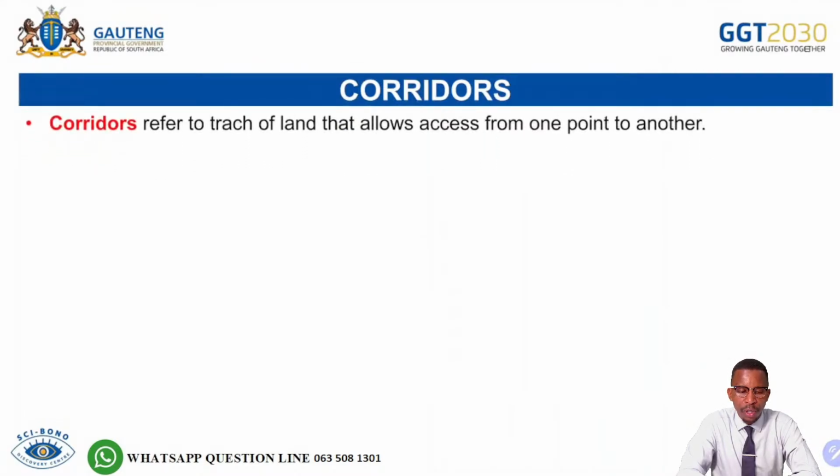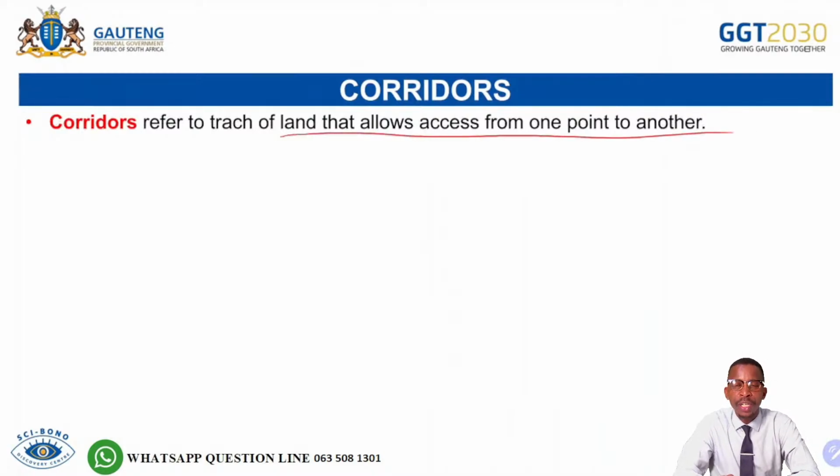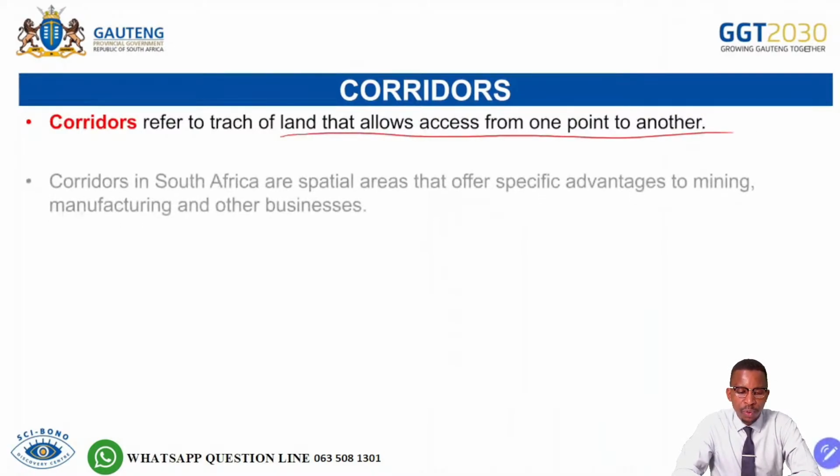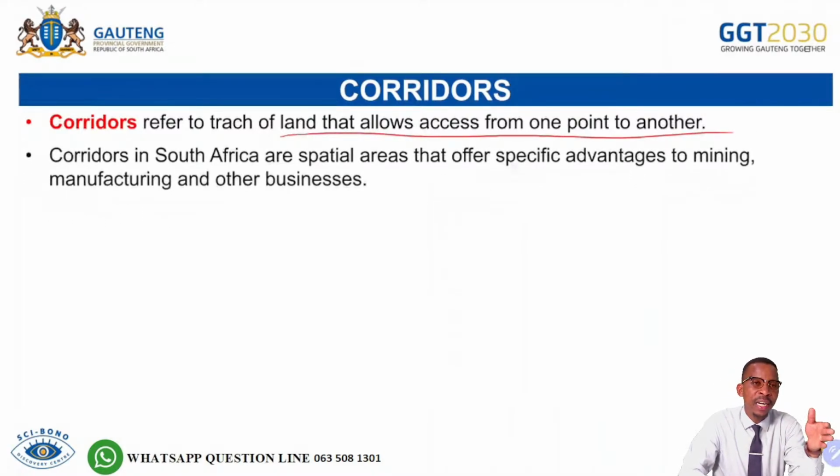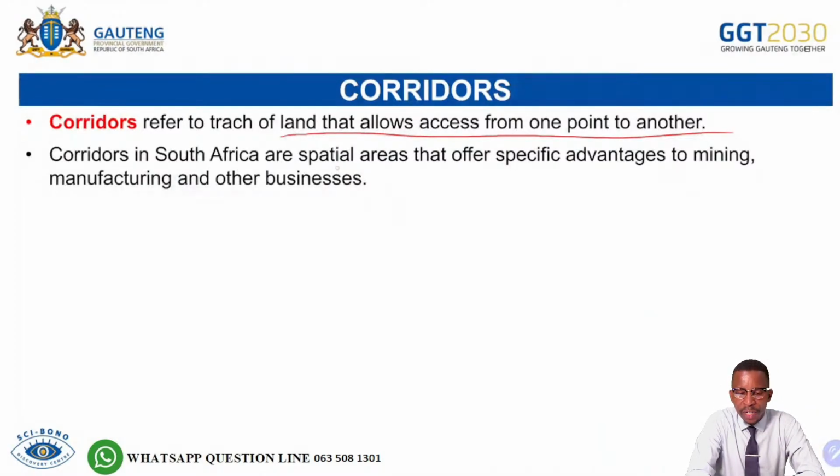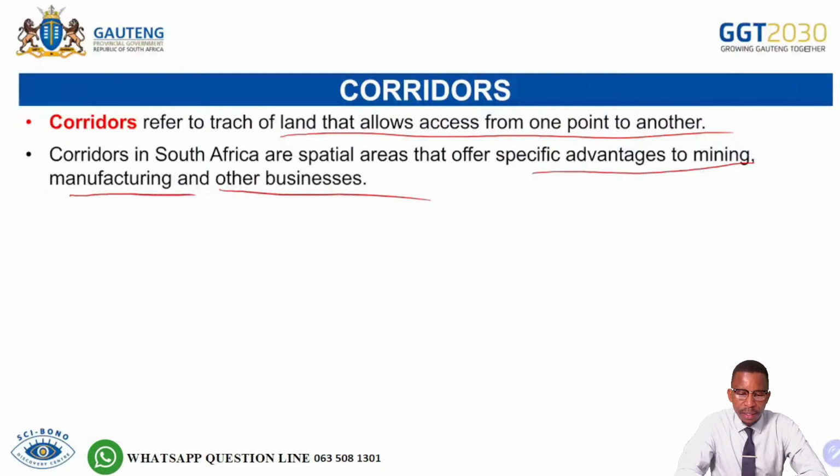Then we talk about the corridors. The corridors refer to a tract of land that forms the passageway that allows access from one point to another. So we have two types of corridors, which are corridors within the country and corridors beyond the borders of the country. Corridors in South Africa are special areas that offer specific advantages to mining, manufacturing, and other businesses.